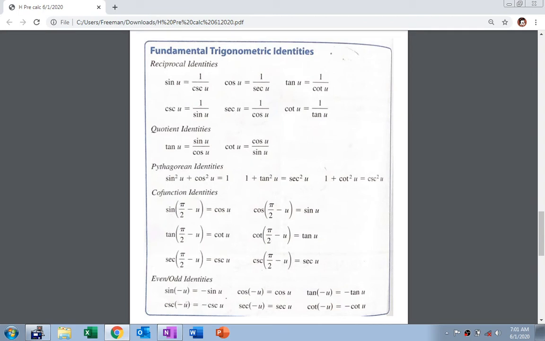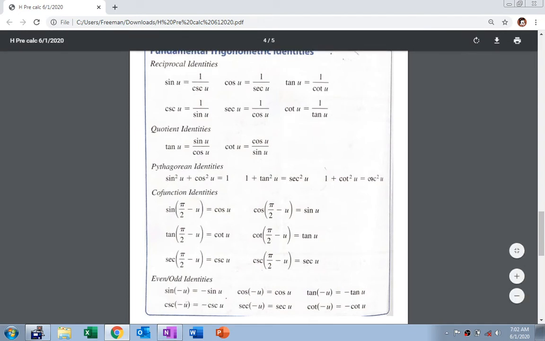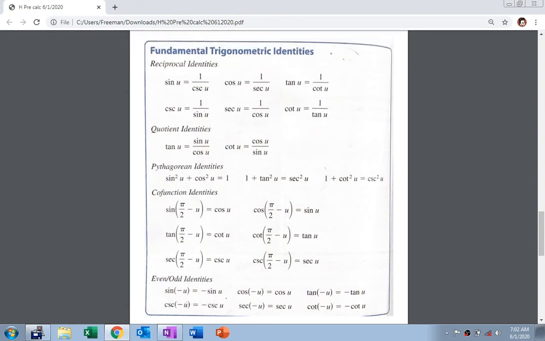I could go through explaining what these all mean, but since we've already discussed the first three in previous videos, cofunction identities, really what those are is the opposite angle in the right triangle.